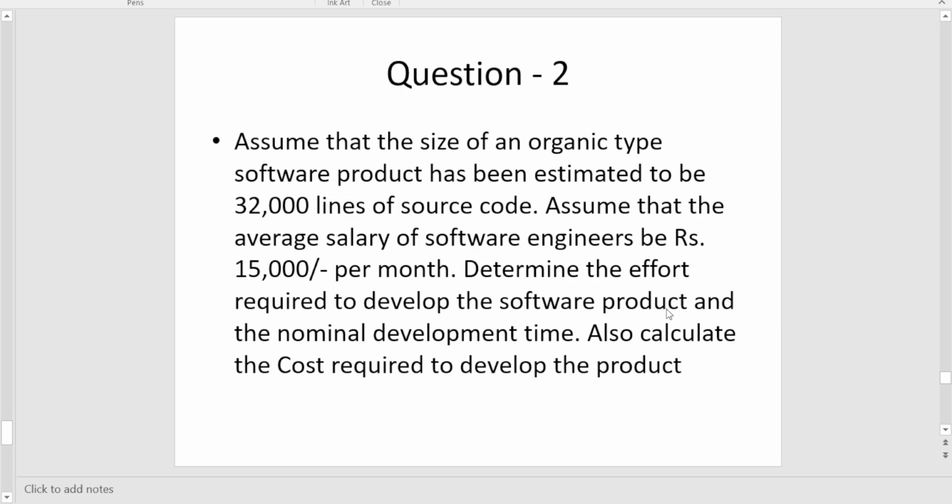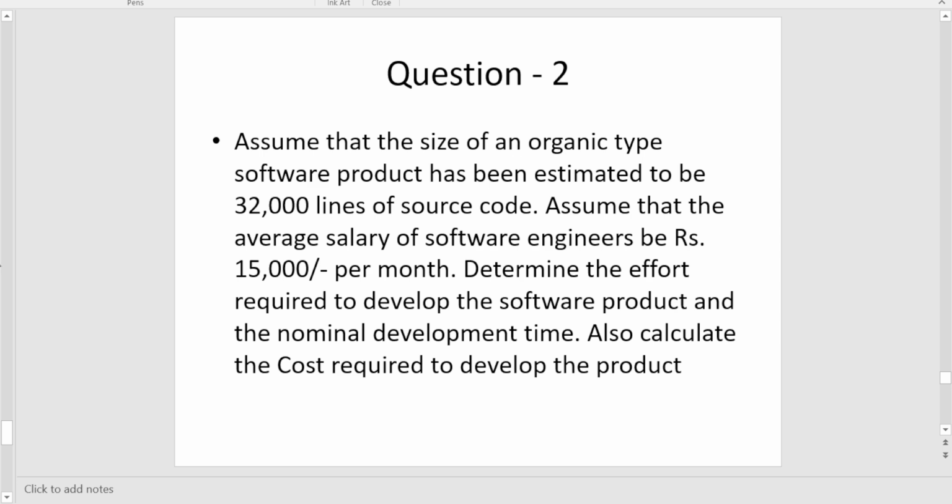So this is the question that everyone has to solve. Assume that the size of an organic type project has been estimated at 32,000 lines of code. Assume that the average salary of a software engineer is 15,000 per month. Determine the effort required to develop the software product, the nominal development time, and the cost to develop the project.